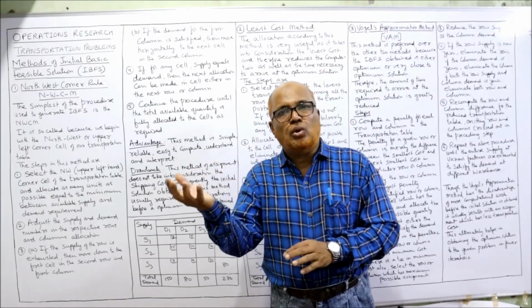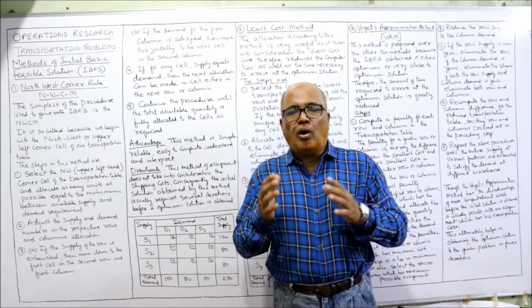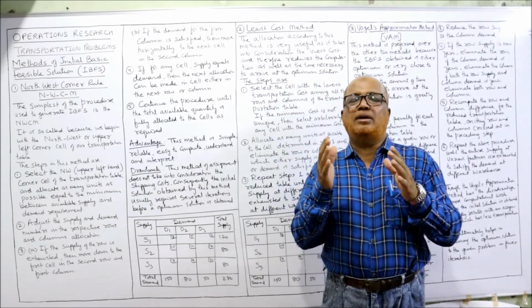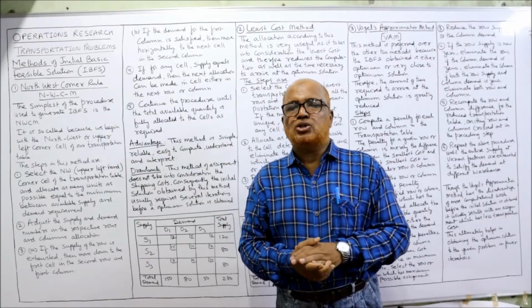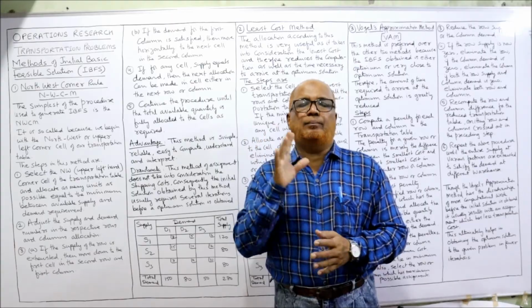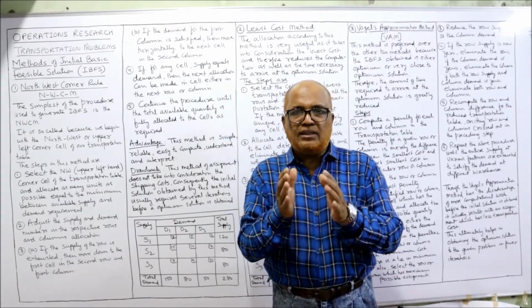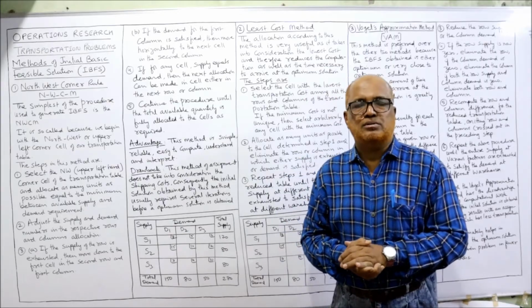So there is a source of supply and a destination for demand. How many units should be supplied from each supply origin to the different demand destinations so that the total transportation cost is minimum? For solving this type of problem, we apply the technique of transportation problems, right?